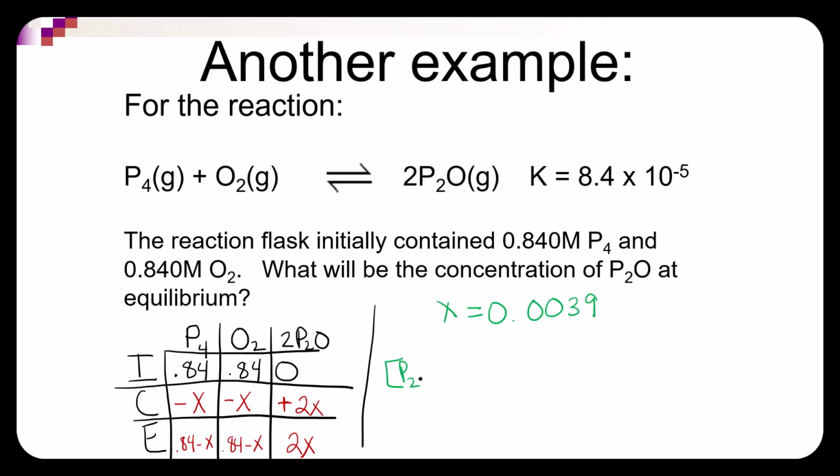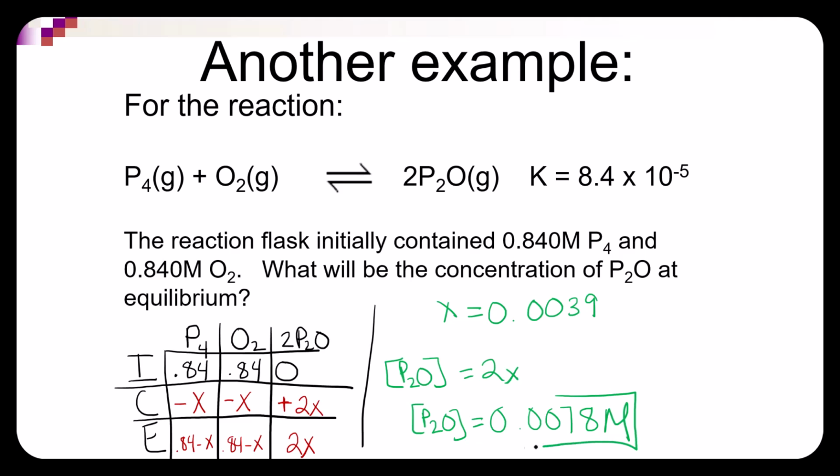The concentration of P2O at equilibrium is 2x. So the concentration of P2O at equilibrium is 2 times 0.0039, and we get a value of 0.0078 molar. So that is our answer.